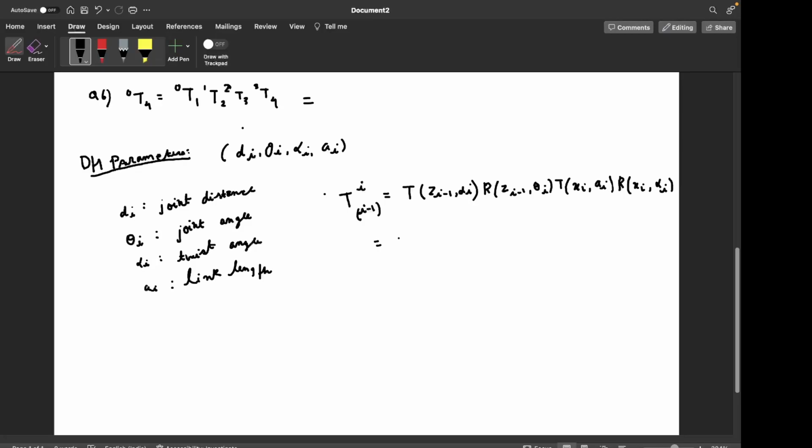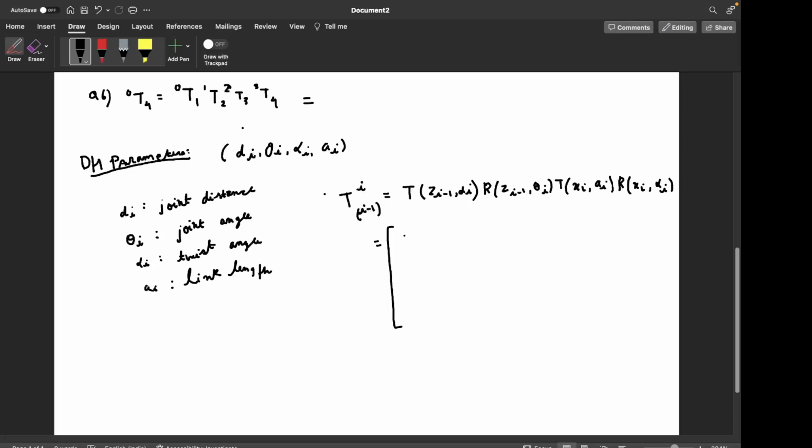So if we write the transformations for each of these four transformations and then multiply, then we get the final transformation matrix, which is used to directly compute the transformations from one frame to another in these systems.